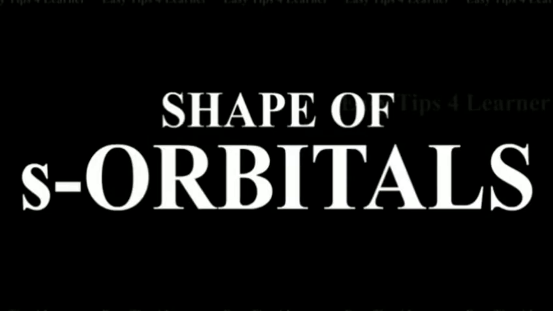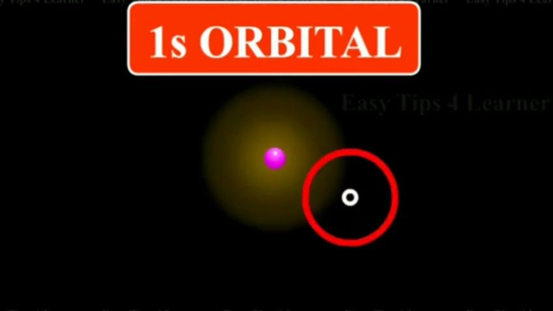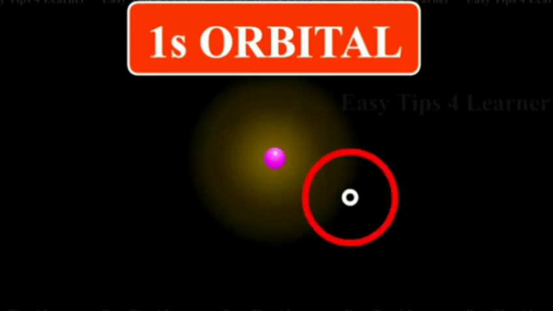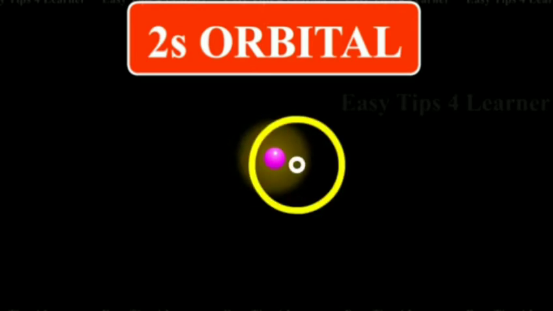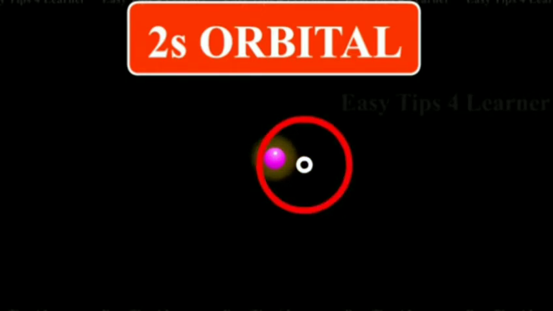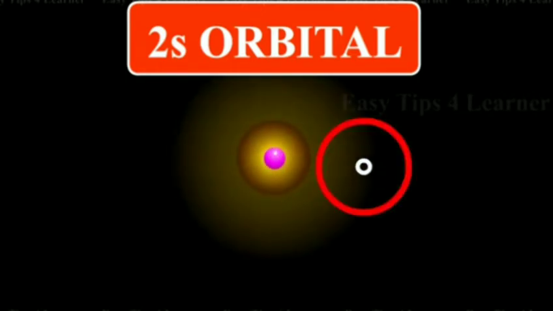Shape of s orbitals. It may be noted that for the 1s orbital, the probability density is maximum at the nucleus and it decreases sharply as we move away from it. On the other hand, for the 2s orbital, the probability density first decreases sharply to 0 and again starts increasing.